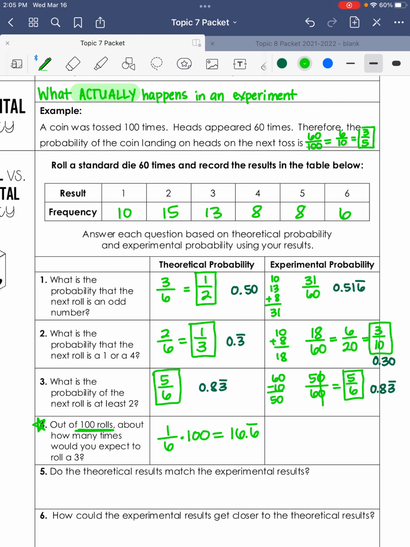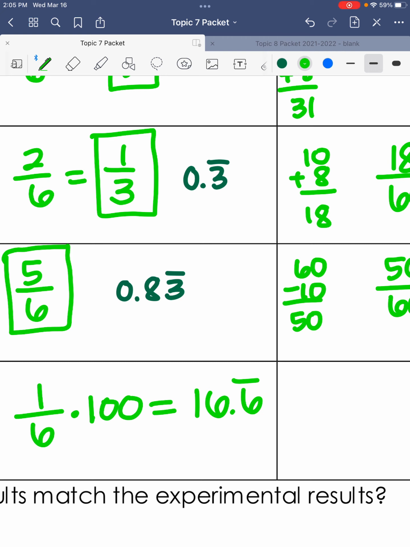Now, here's the thing. I can't have a decimal because how many times would I expect to roll a 3? You can't have partial times, partial turns, right? So we're actually going to round, and we're going to round based on whatever our decimal is. So because I have a number bigger than 5 here, I'm going to round up.